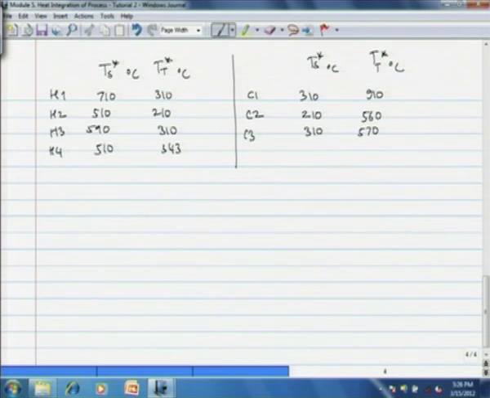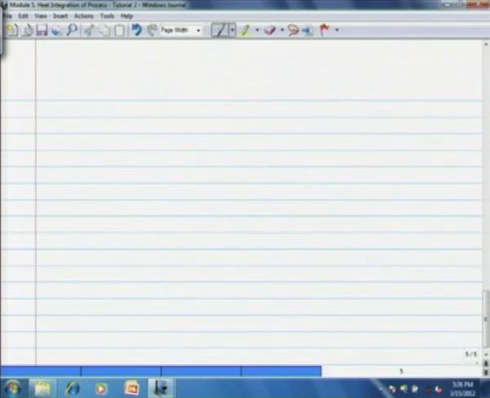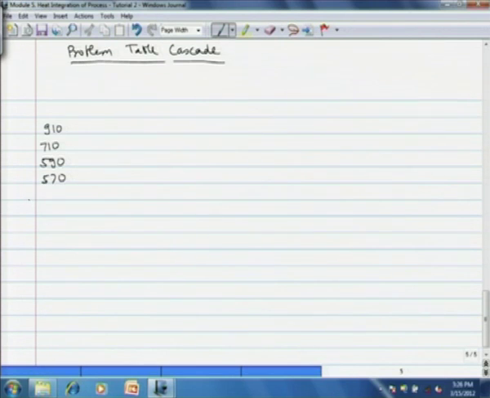And with this we now construct the problem table cascade as we did in the earlier example. I will list all the shifted temperature intervals in decreasing order, and then we shall show the stream population between these temperature intervals.